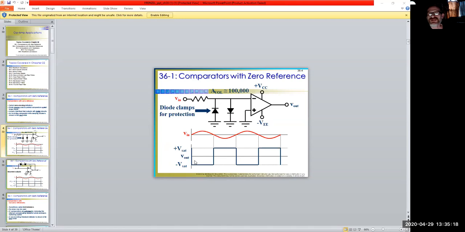And that's what we see as VSAT and minus VSAT at our output. In a simulator ideal model, the voltage levels are plus and minus 15. At this point, our VSAT would be plus 15 and our minus VSAT would be minus 15, if you will.